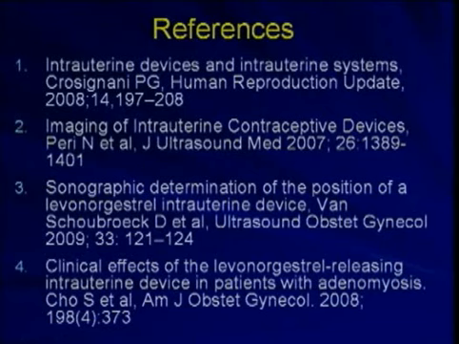There are quite a number of articles in the literature in the last couple of years because of the increased use of IUDs both for contraception as well as for the treatment of abnormal bleeding, and I encourage you to become familiar with these other applications of the IUD because you will be seeing them in perimenopausal and menopausal women and in women being treated for endometrial hyperplasia.